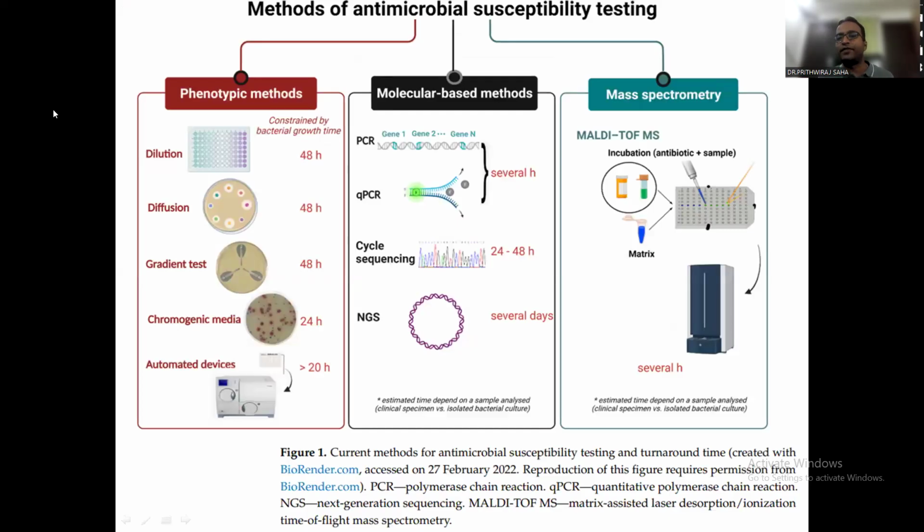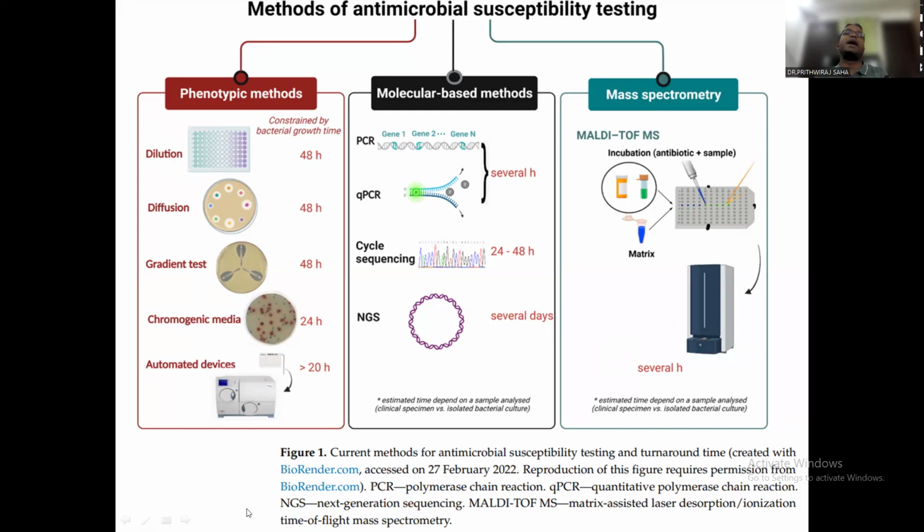Coming to the methods of antimicrobial susceptibility testing, there are phenotypic methods, molecular-based methods, and the most modern nowadays are mass spectrometry or MALDI-TOF methods. Our conventional methods are dilution, diffusion, gradient testing, and automated testing.